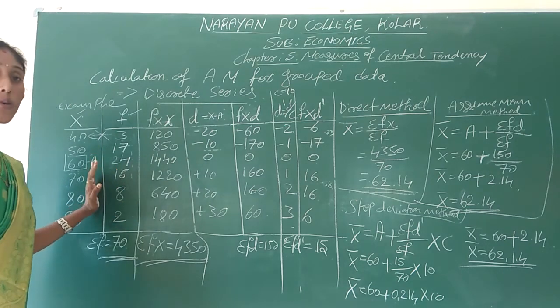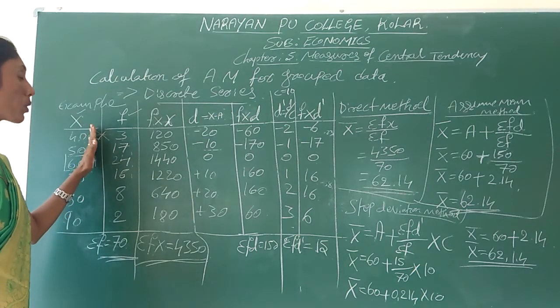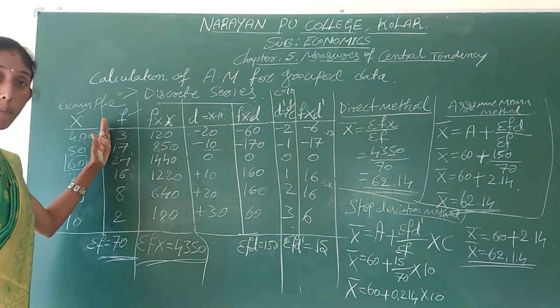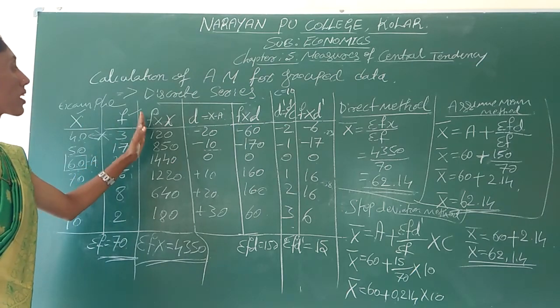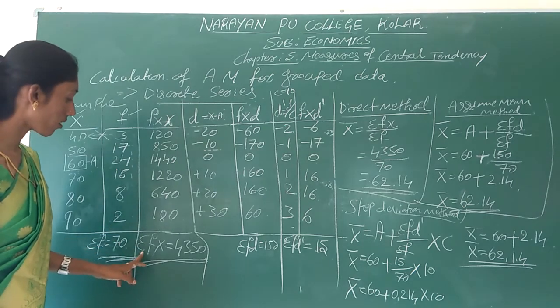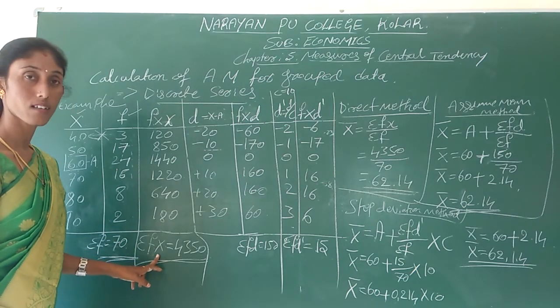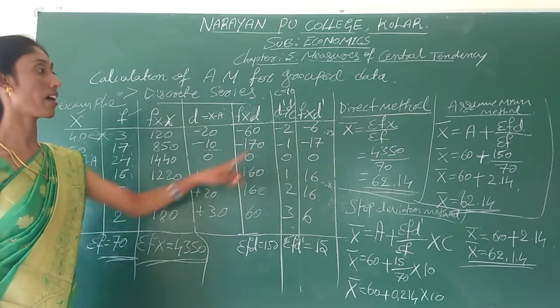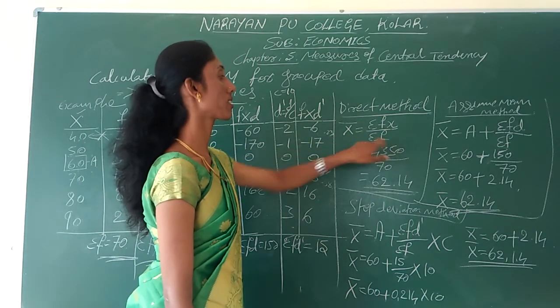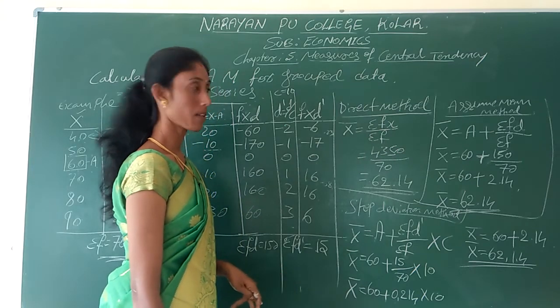Now, in the direct method, we multiply these observations with the frequencies. Then we get frequency into observation. By adding all of these we get sigma fx, and we apply it to the formula, that is sigma fx by sigma f. Got it?